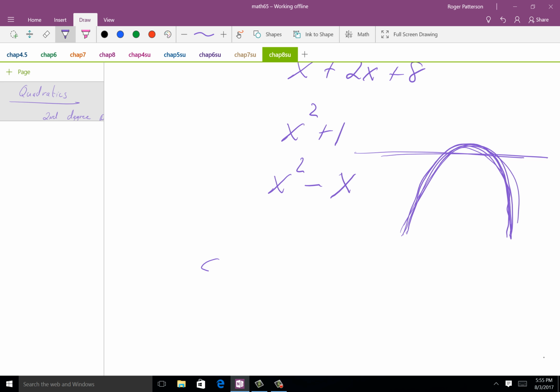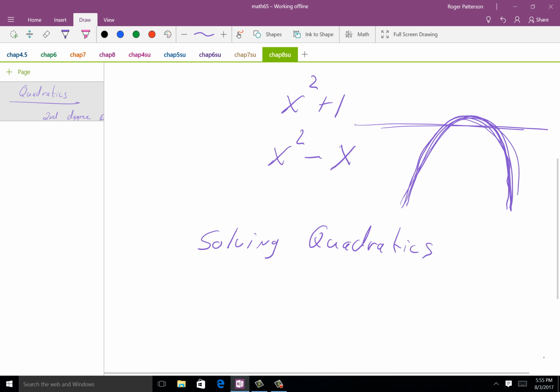So tonight what we're going to do is solve them. In this chapter, 8.1 solves them by using a square root technique.